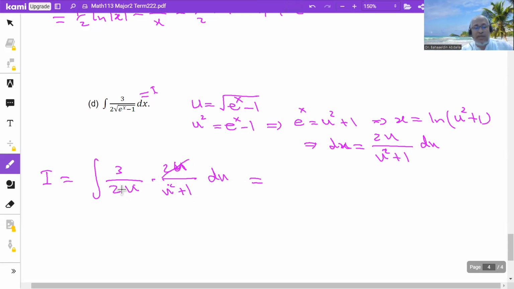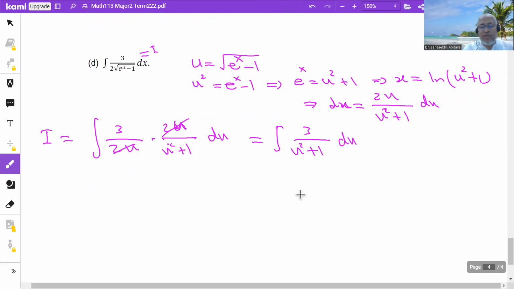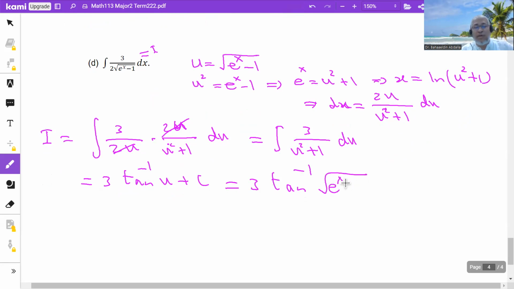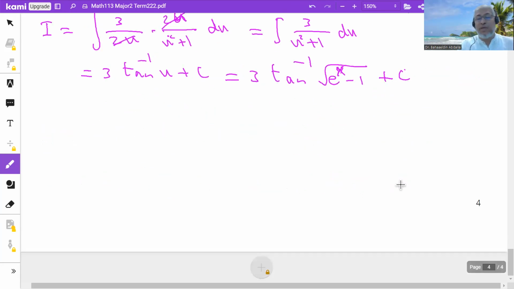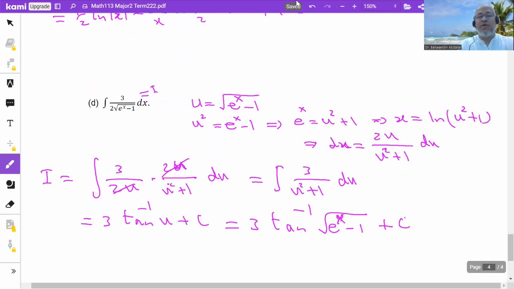I can cancel this with this, so it would be integral 3 over u squared plus 1 du, and we know the integral of 1 over u squared plus 1. It is tan inverse u plus c, and finally you can replace u by square root of e^x minus 1 plus c. Well, this is the last question.